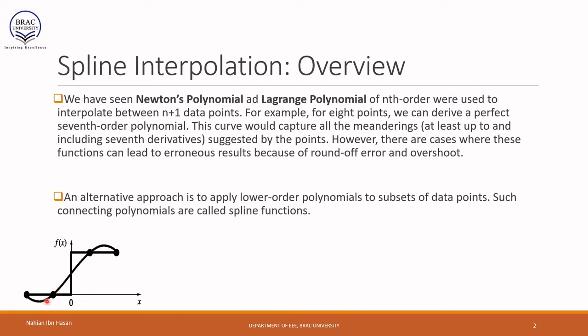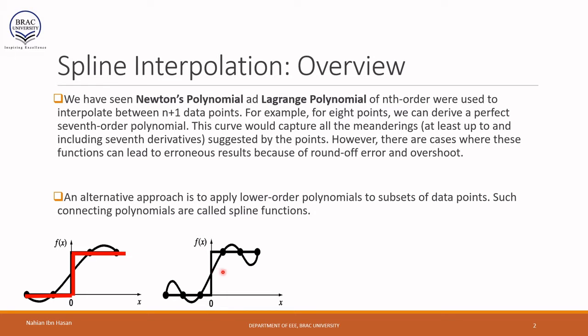Look at this. The polynomial captures the main function almost accurately, but not so properly. If I go for a higher order interpolating polynomial, let's say a third order Newton's polynomial, it would look something like this. Look at this. There are some oscillations at these locations.